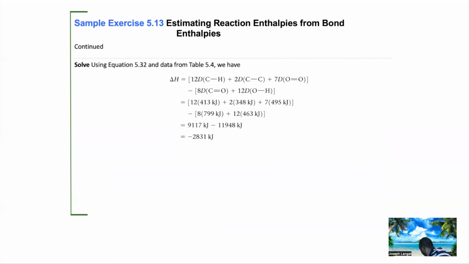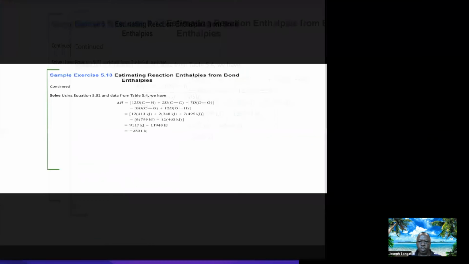And let me see what I have for the reaction. This is what I wanted to show you, all right? Once you follow that, make sure you get this.